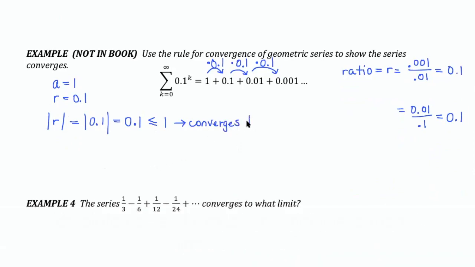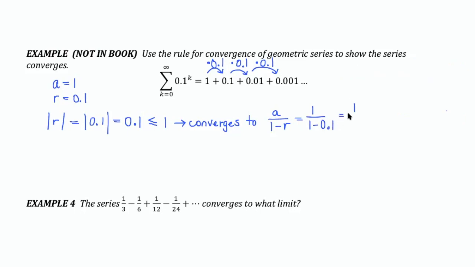And it converges to A divided by 1 minus R. We take the A value of 1, divide by 1 minus 0.1, which gives us 1 over 0.9. And if you divide that, you will get 1.1 repeating.